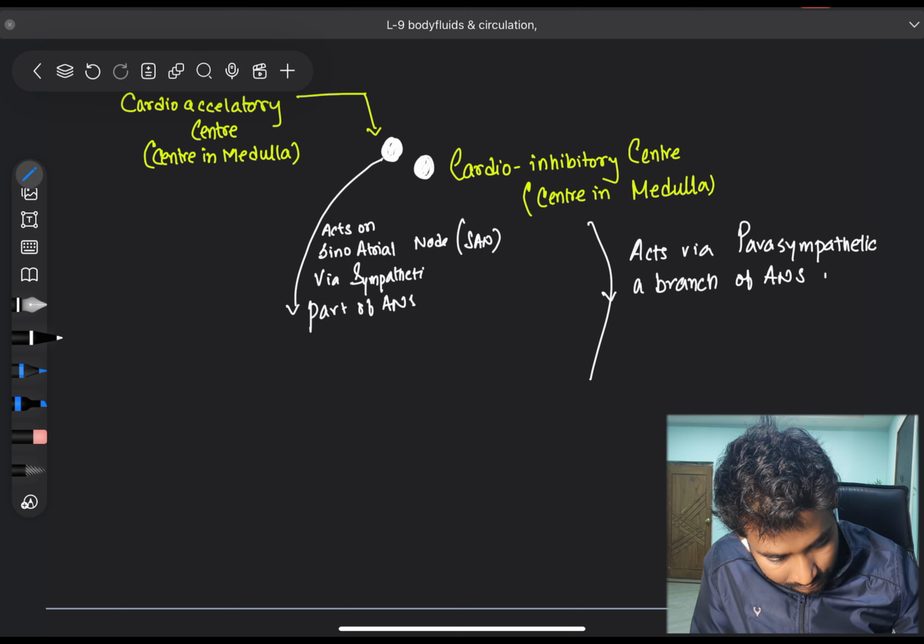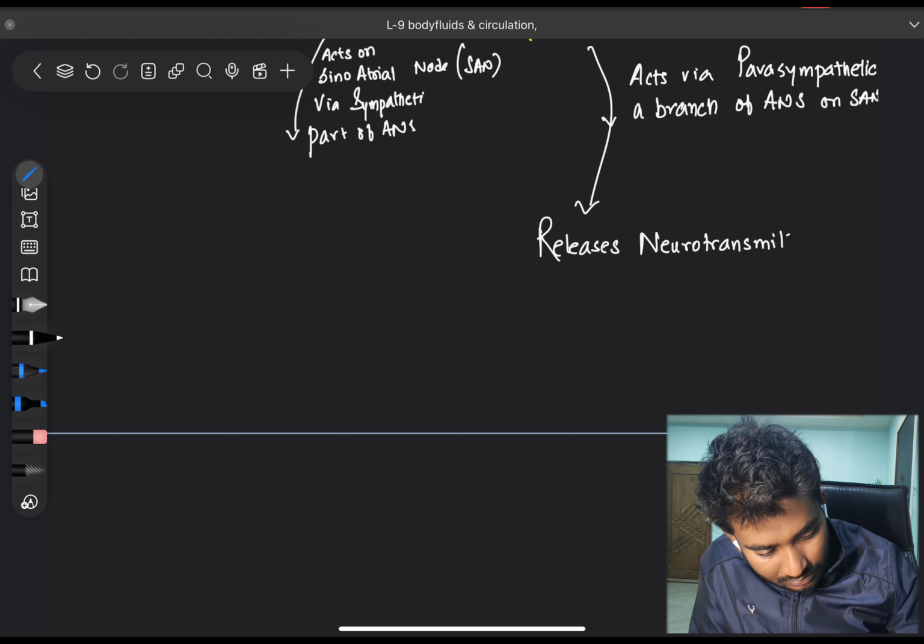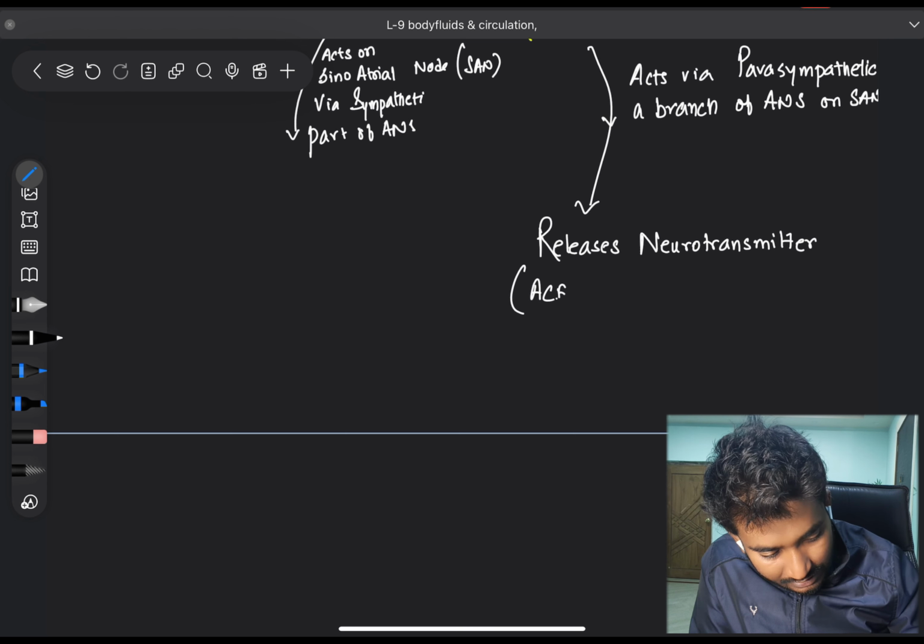It releases the neurotransmitter acetylcholine.